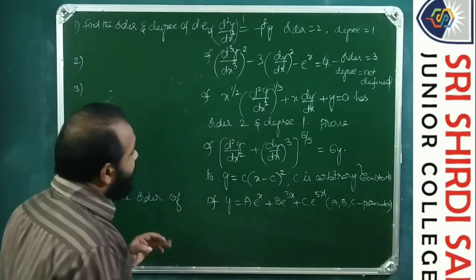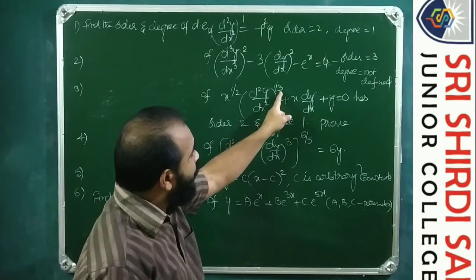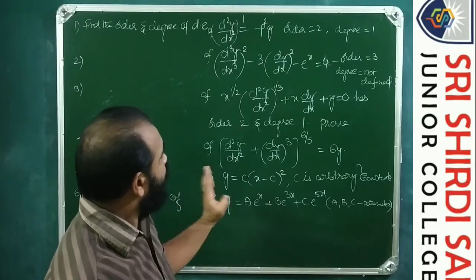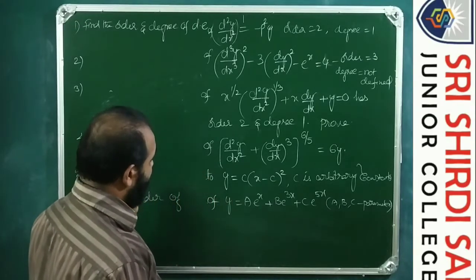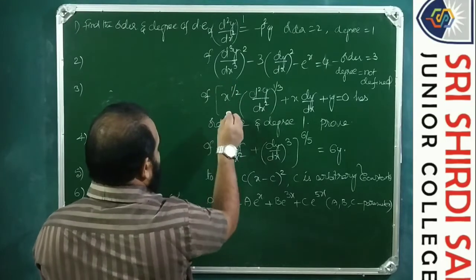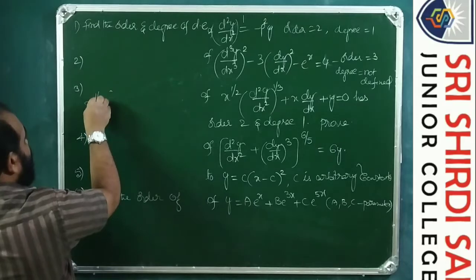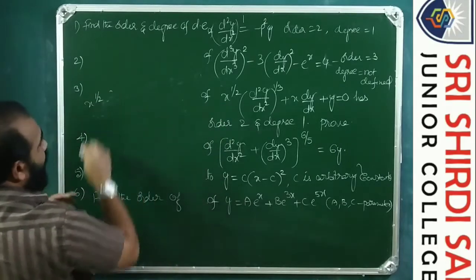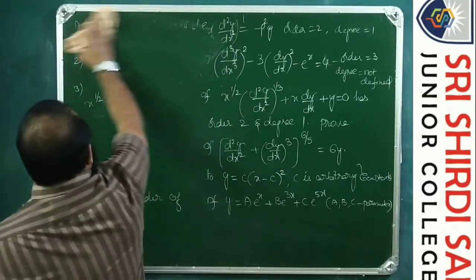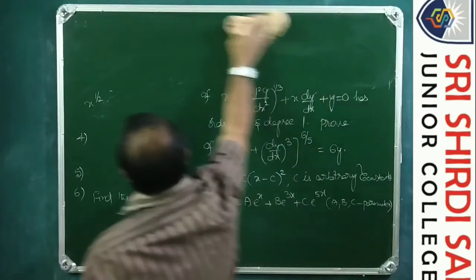Now, since here we see p by q, the order is clear, but to say the degree, first of all, let us see this x power 1 by 2 d square y by dx square. Since the first two problems are over, I am rubbing this.